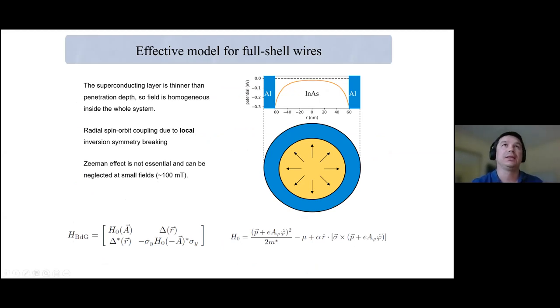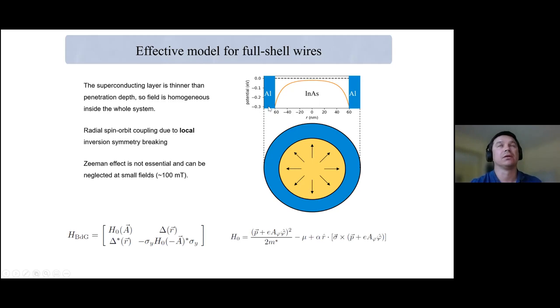The key ingredients in our model are the following. First of all, these superconductors are very thin, of the order of 20 to 30 nanometers, and the disordered London penetration depth is above 100 nanometers. So the screening effects and screening currents can be neglected.